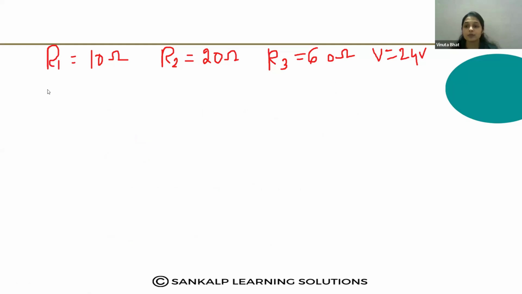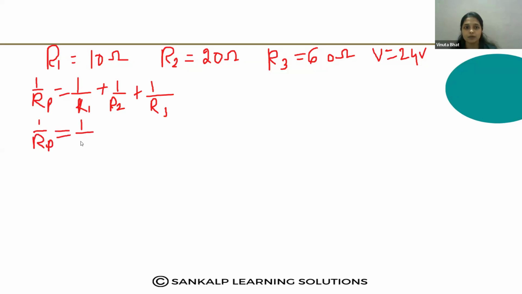Okay. So let us find out the total resistance when it is connected in parallel. We can use the formula 1 by Rp is equal to 1 by R1 plus 1 by R2 plus 1 by R3. So here 1 by Rp is equal to 1 by 10 plus 1 by 20 plus 1 by 60.